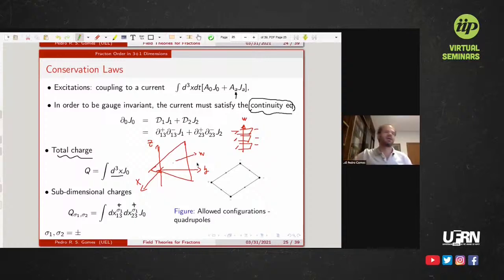I think it is better to say the precise analogy here is with usual Chern-Simons theory. In the case of usual Chern-Simons theory, the situation is similar. Let's put it on a torus, right?